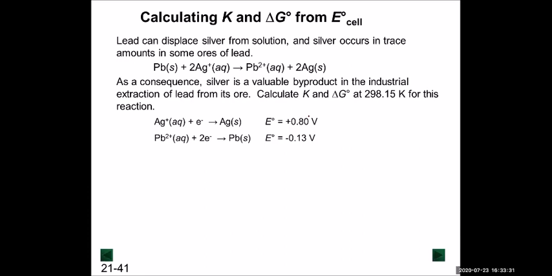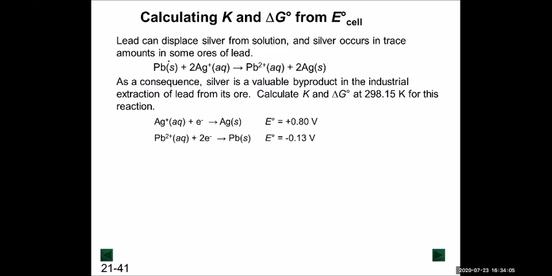So in the industry, when we mine lead, there's a tiny amount of silver that we can recover. The way to recover it is we take the lead compound, which contains a tiny amount of silver, and dissolve it as a nitrate compound, which is soluble. Towards this soluble nitrate solution, containing lead and silver ions, we add lead metal.